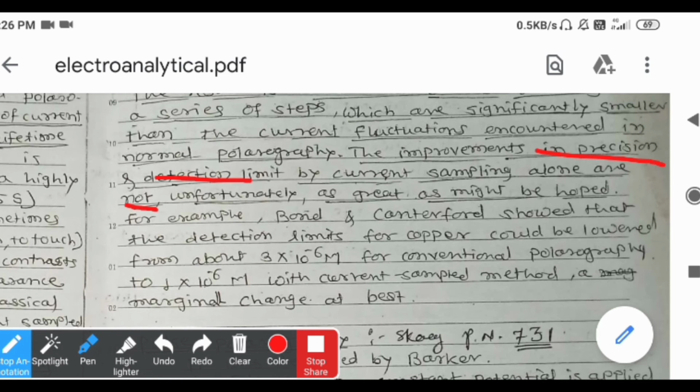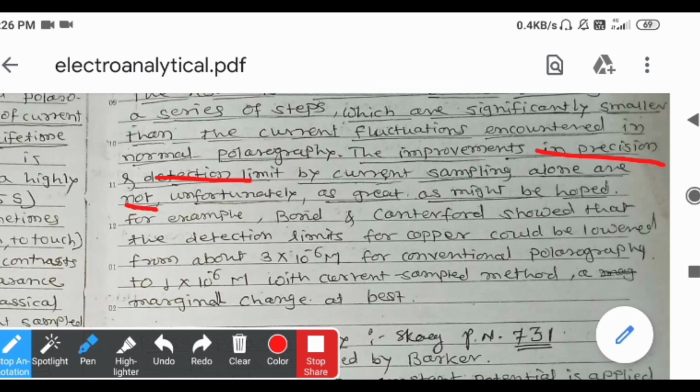So we are not getting very accurate results. So we have various techniques, like the normal pulse technique, the current sampling technique, or the stripping techniques. Further important techniques are there that will give you better results.